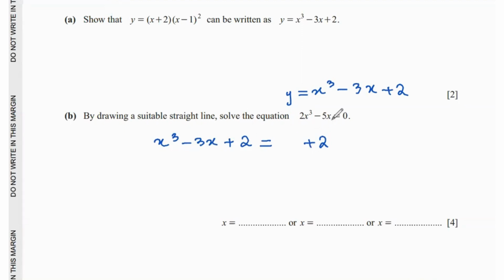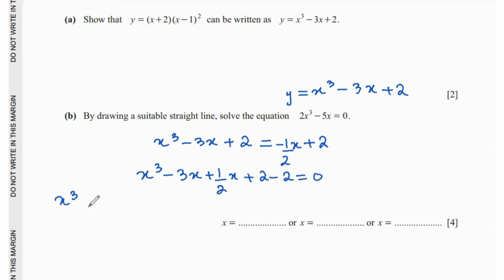Now, second thing is, this is negative 3x, this is negative 5x, which means for it to become negative 5x, we need to have negative 1 over 2 x over here. Why? Because when we bring these things over here, x cubed minus 3x plus 1 over 2 x plus 2 minus 2 equals 0.